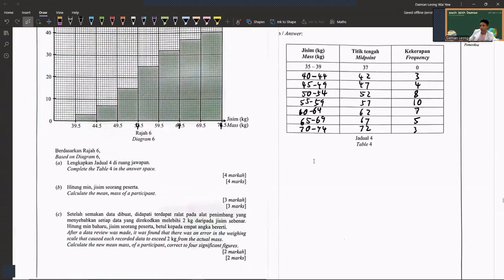Then part B, calculate the mean mass of participant. So mean, we take frequency and midpoint to calculate. Okay. So mean, sum of frequency times midpoints, 4 times 47, plus 8 times 52, plus 10 times 57, plus 7 times 62, plus 5 times 67, plus 3 times 72.